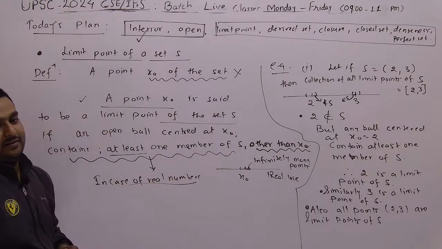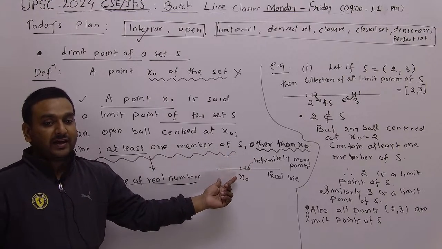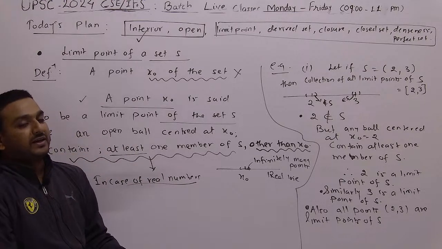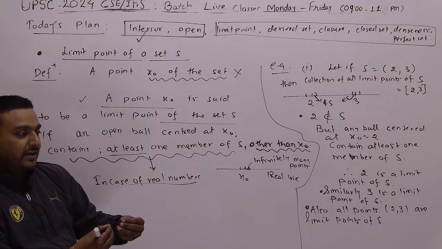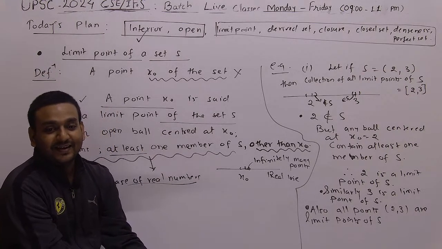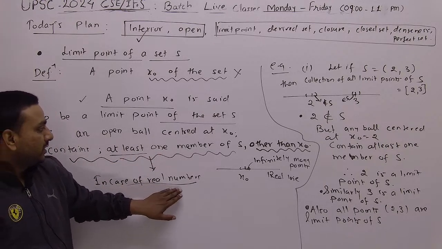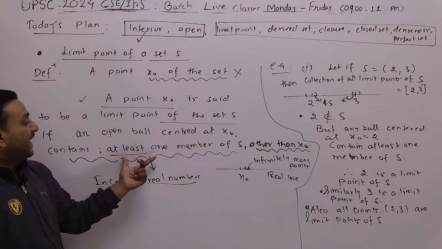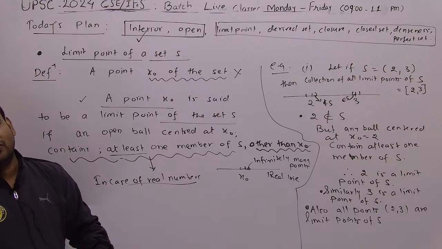That is why, if you do the same thing, exclusion over the real line, so at least one can be converted into infinitely many, because over the real line, if you leave the point, you will get infinitely many next to it, right? So some authors use this word, some authors use infinitely many points, but this is the actual definition: at least one member other than x naught.